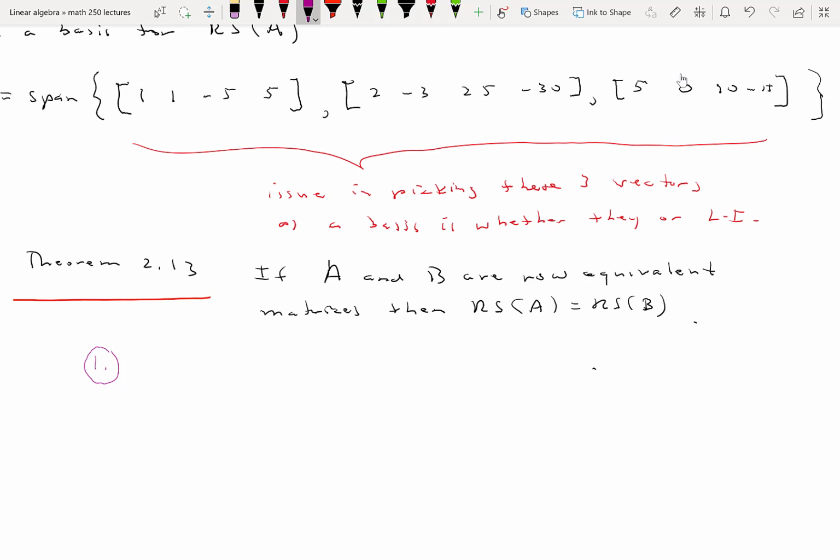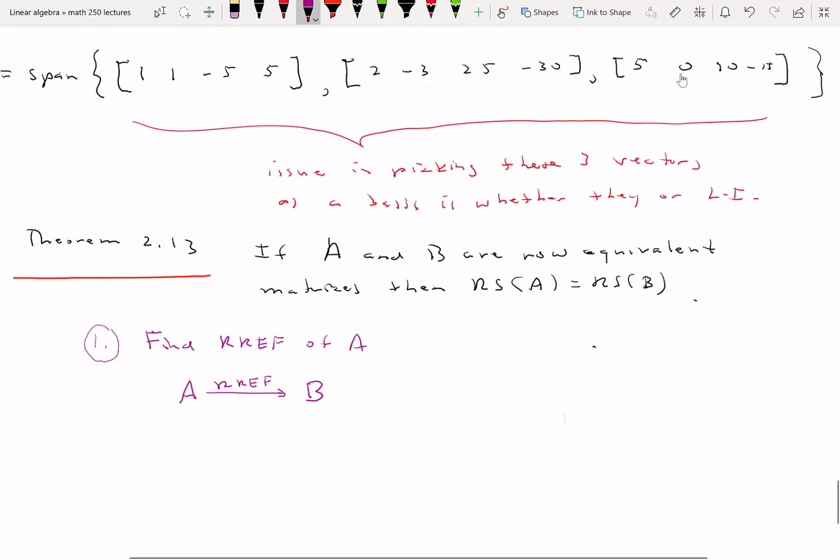So step 1 in purple: find the RREF of A. That is, take A, find the RREF, and it will be some matrix B.